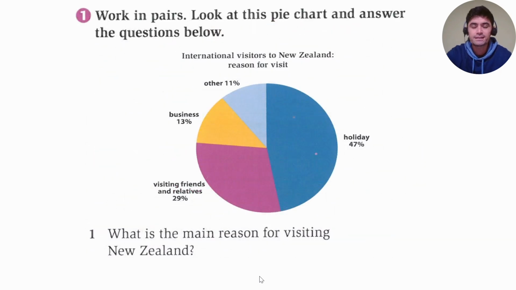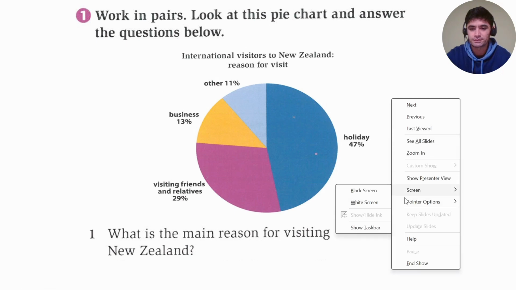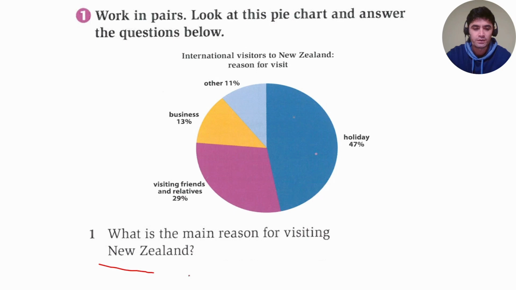Now, let's learn to understand the information in a chart. Look at this pie chart and answer the question below. So here we have the question: what is the main reason for visiting New Zealand?